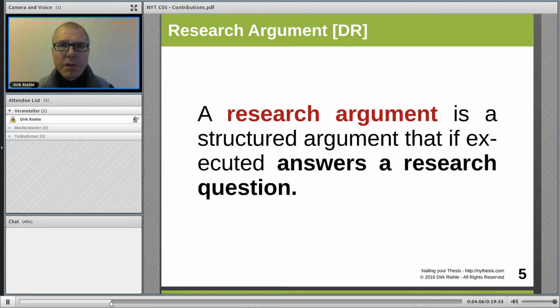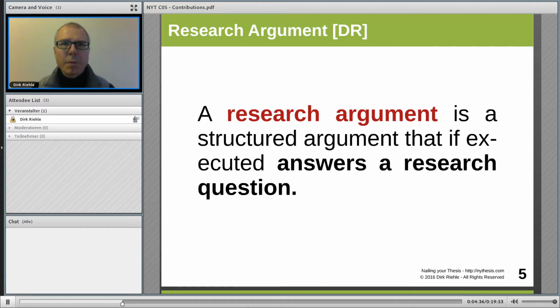So even though you probably won't have a complex research argument to make in your final thesis, it's good to understand what to do if you have a big research question, a large research question that can only be answered by working through multiple smaller questions, answering those and putting the pieces together into a larger whole.